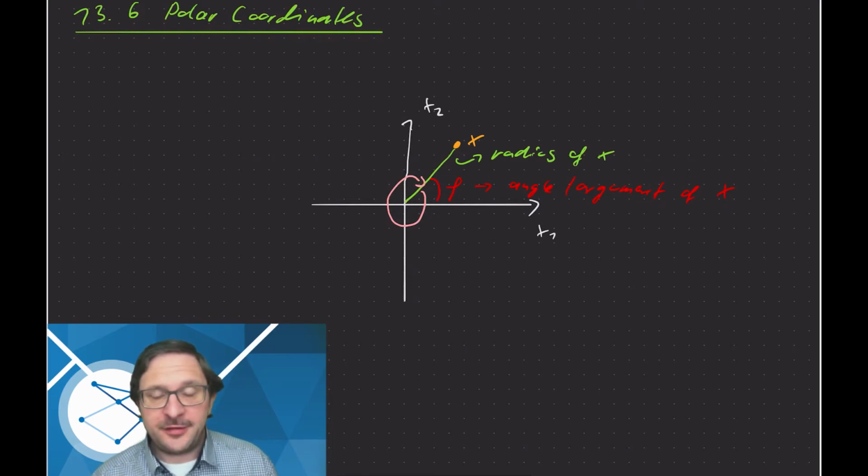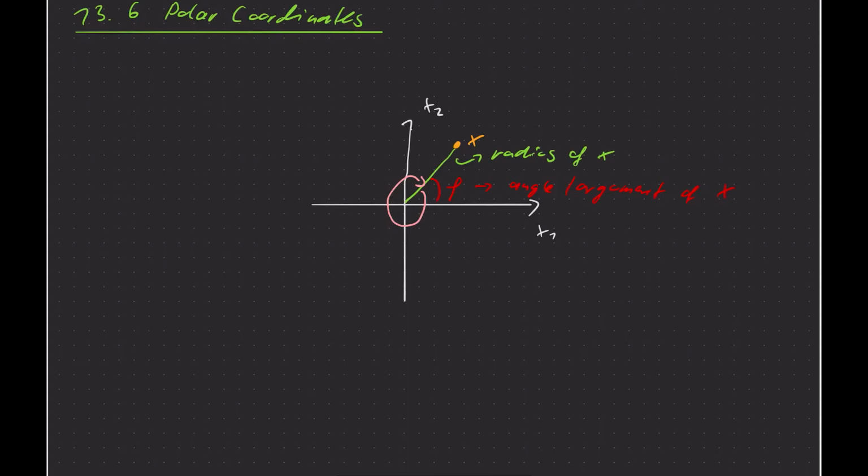Or there are many fields in physics that have this radial character. For example, electric fields get weaker with increasing radius, or gravitational fields get weaker with increasing radius. So it's probably a good idea to describe those in a system that accommodates for that, and polar coordinates are what is suitable here. So that often makes it easier to capture phenomena like this, and that's why you would like to be able to do computations with polar coordinates.